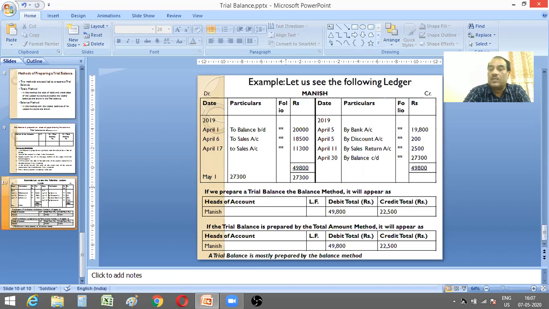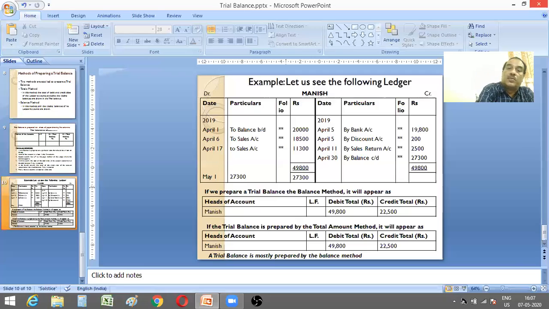So there is some difference. It means there is some omission in the ledger, and then you need to check where that omission is. You will have to go through all the accounts, whether there is some omission by mistake, or something has been written wrongly, or some wrong principle has been followed.